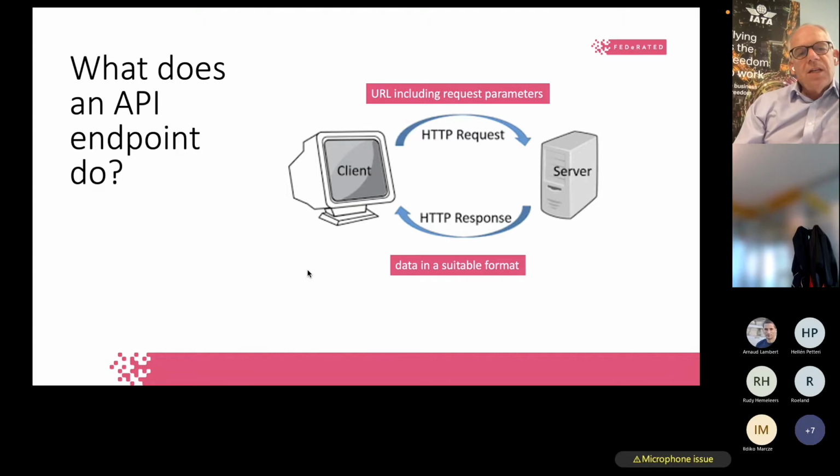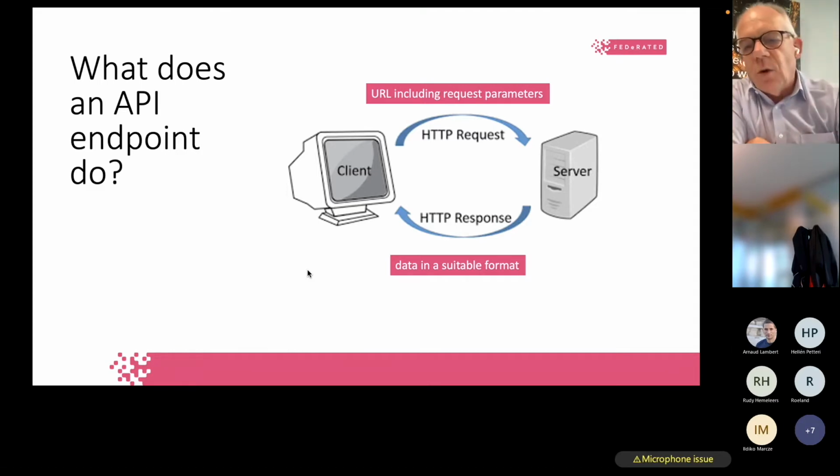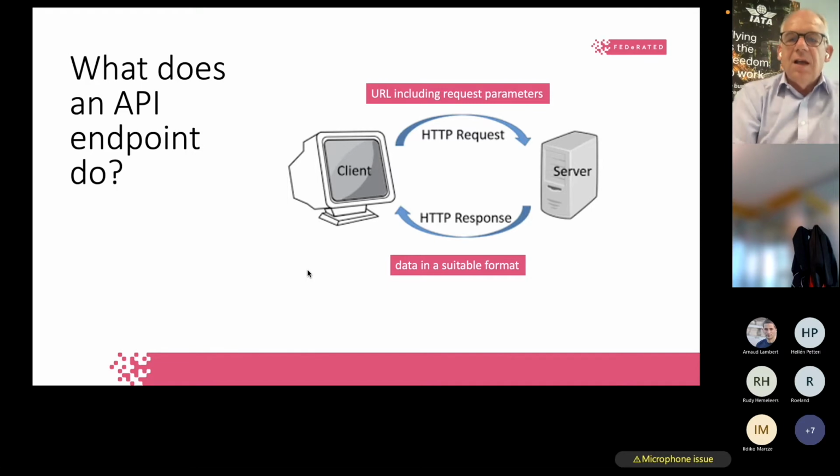So what is an API endpoint? Let's talk about API endpoints first. This is one that you all know, because when you go to a website and you want to get information from a web server, essentially a server that has data, you type in a URL, or copy and paste the URL in your browser, and your client, which we call your browser, will send a request to the server.